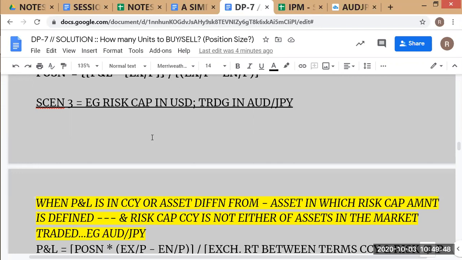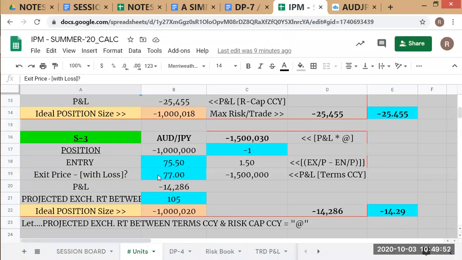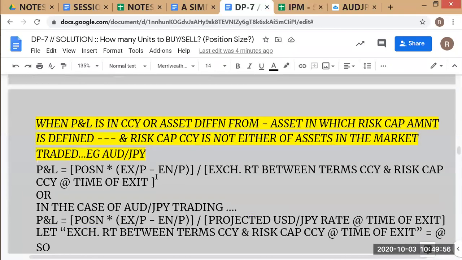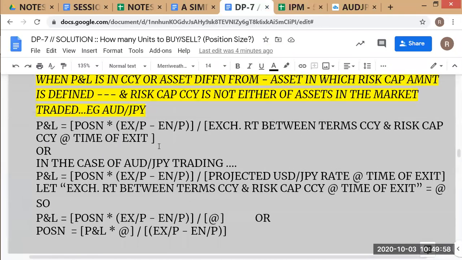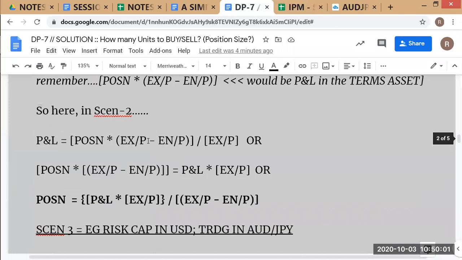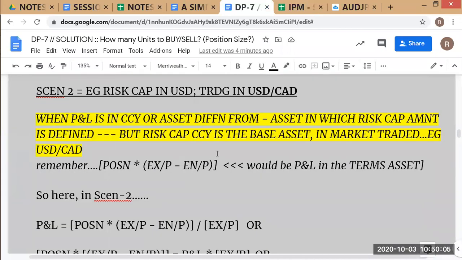So in Aussie yen, when we have any kind of loss computation, the basic loss computation formula, which is here, this is the basic loss computation formula in the terms currency for any situation.